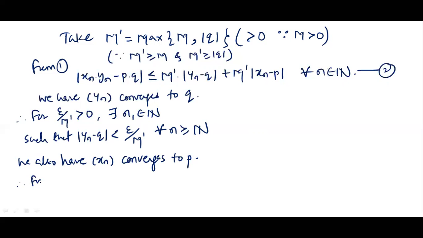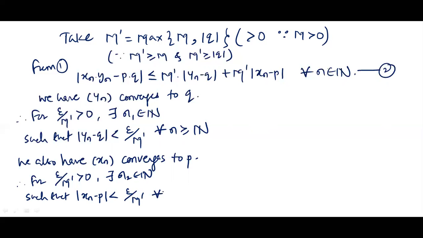Therefore, again, for epsilon by m dash greater than 0, there exists a natural number n2 such that mod of xn minus p is less than epsilon by m dash for all n greater equal n2.